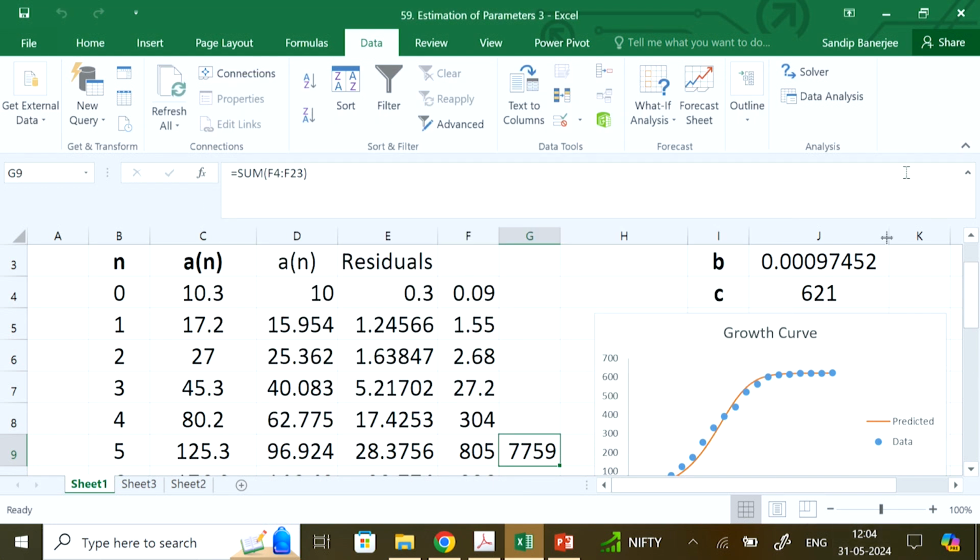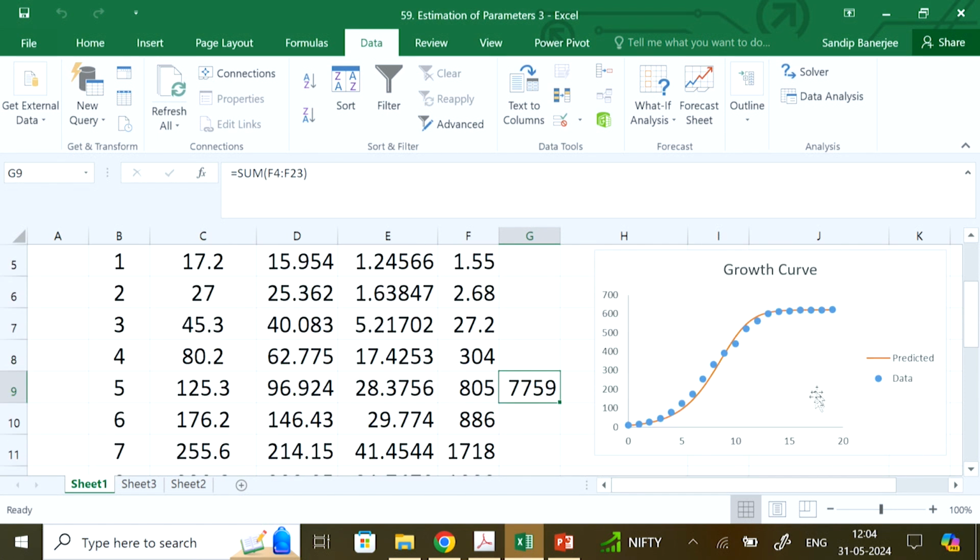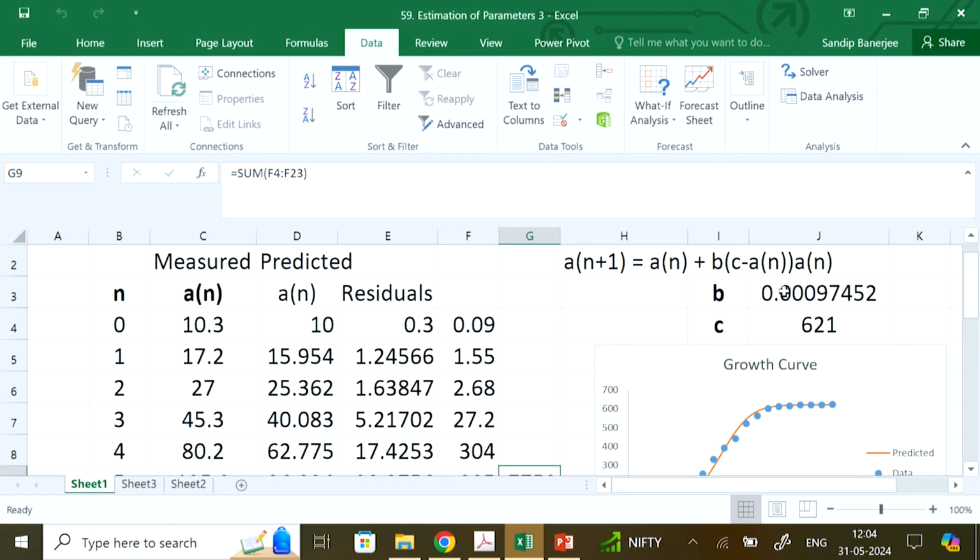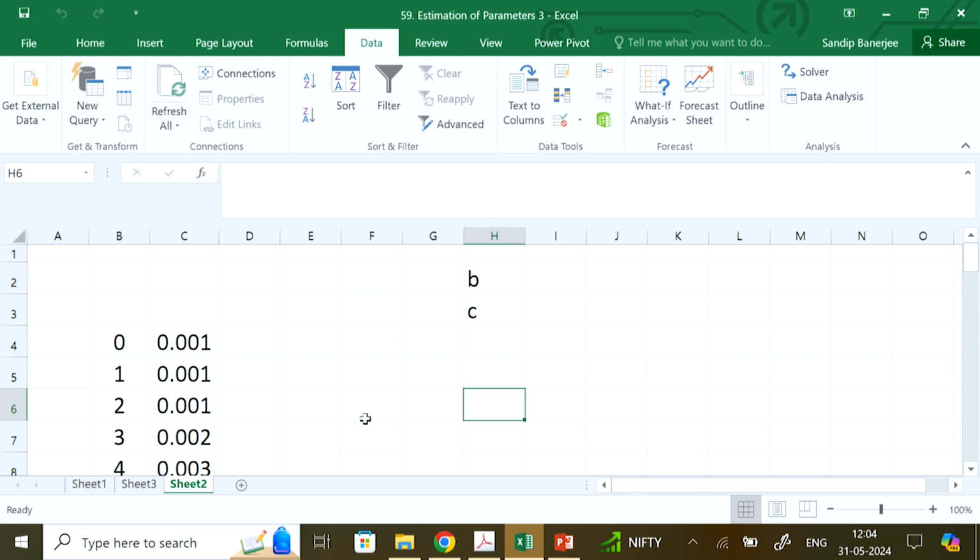A very slight change, and you see the value is 0.00097. That's why it was a good match, because I just put 0.001. From here you can see that it is quite a good match with this particular set of data, and the estimated value for B, because I have taken the C value to be 621, is 0.00097452.